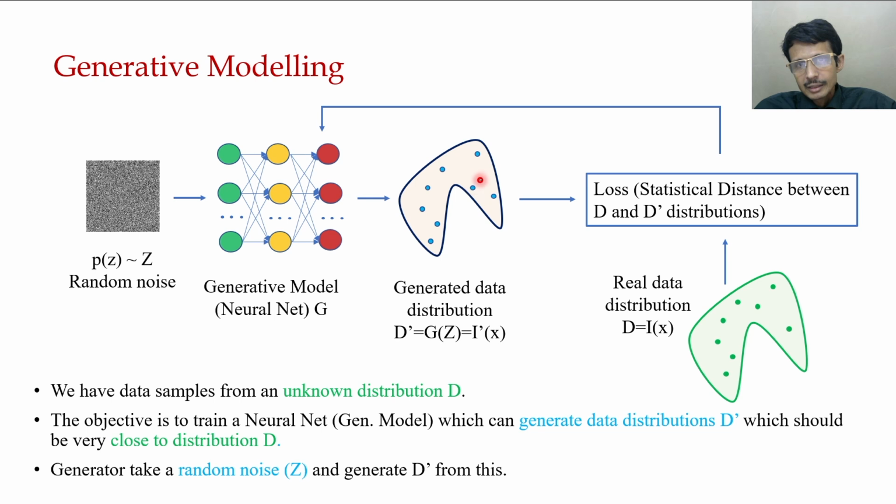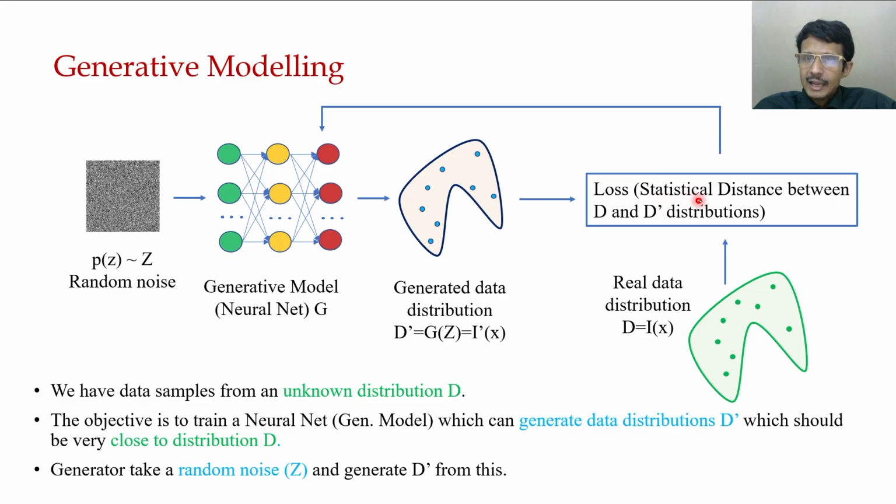And what is our target? This D bar consists of the generated data samples, generated by this neural net G when the random noise is taken as input, and this D bar should be very close to D. So a loss is calculated, and our intention is that these two data distributions should be very close or very similar.